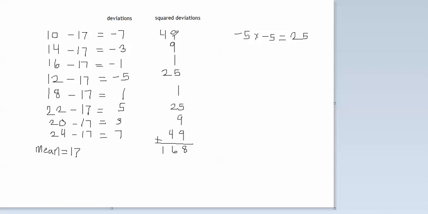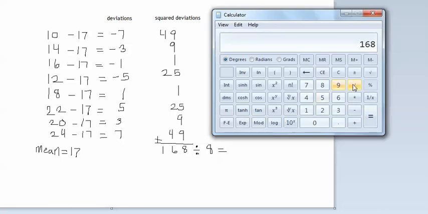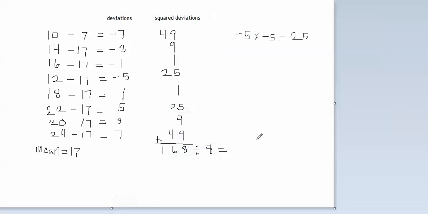So we have 1, 2, 3, 4, 5, 6, 7, 8 squared deviations, which means we divide the total by 8, just because we have 8 numbers in this list. So we divide by 8. Comes out to 21.